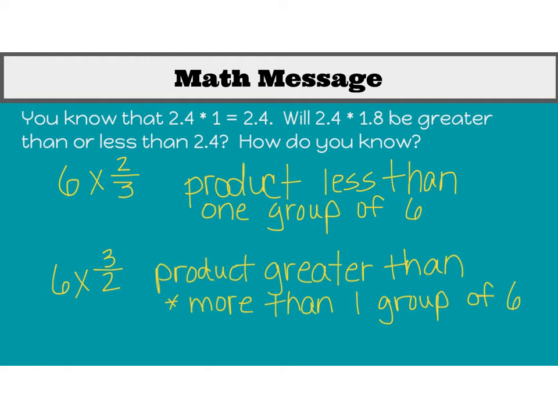If the first factor is less than 1, we know that the product is going to be less than the second factor. And if the first factor is greater than 1, we know that the product is going to be greater than the second factor. So predicting the size of the product is one way that we can make an estimate for multiplication problems.